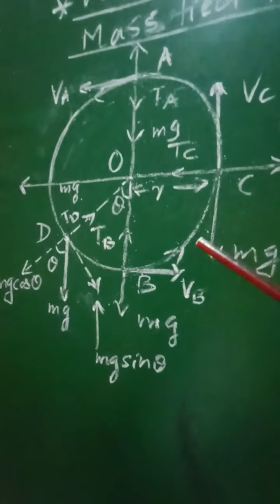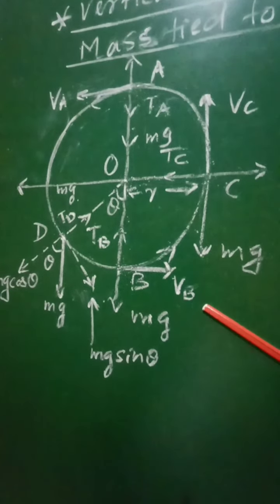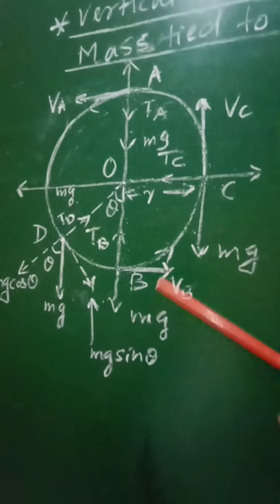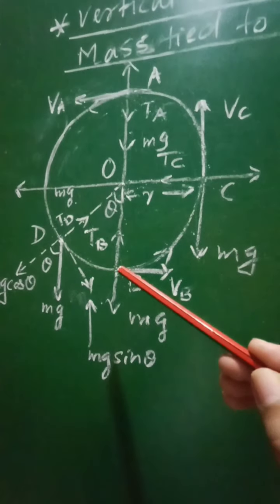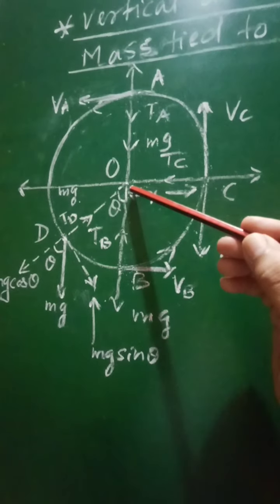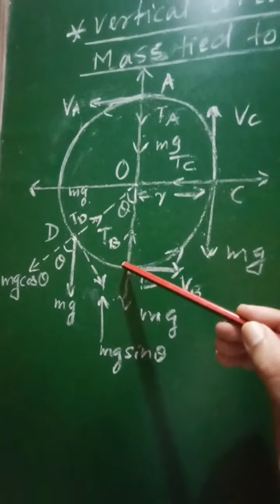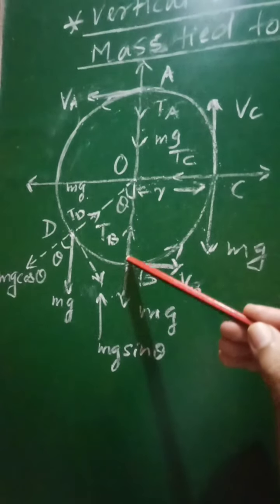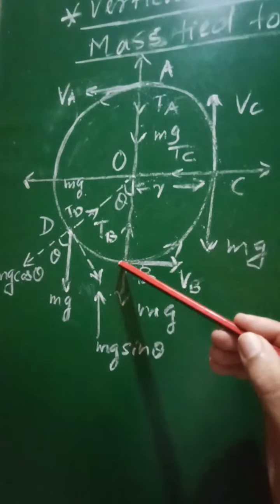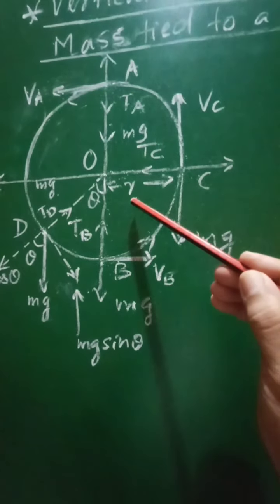And therefore, let us consider a bob, that is a very small heavy particle of mass m, connected to one end of the string, and the other end of the string is at point O. This OB will represent the length of that string, that is equal to r, which is equal to the radius of that circular path.